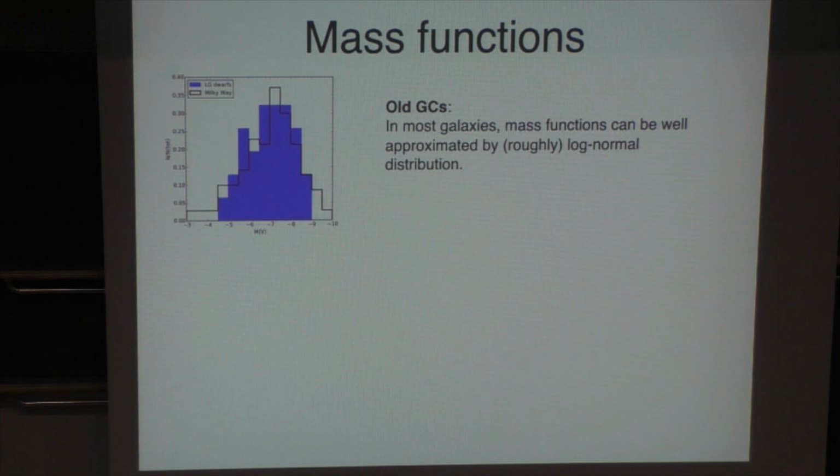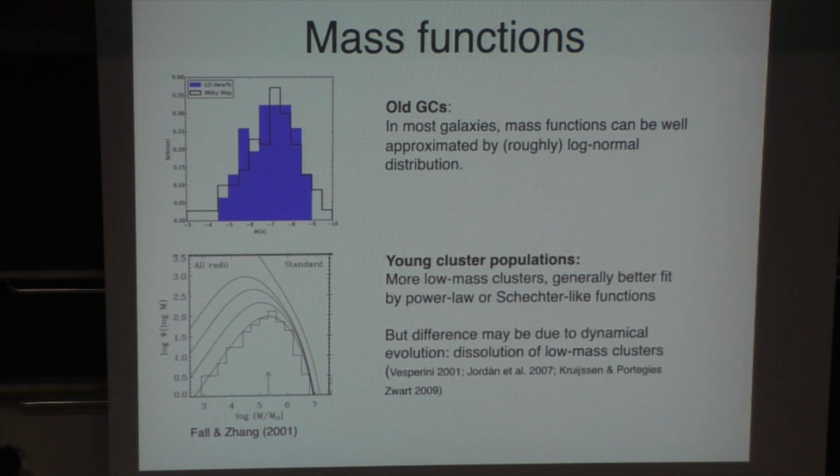One histogram there is the Milky Way, the open one, and the blue one is the histogram for all the globular clusters around dwarf galaxies in the Local Group combined. So they don't look very different. There are some differences from one galaxy to another, in where exactly this peak is and how broad it is. But in the first approximation, it's quite remarkably universal, and different from what we see in the young cluster systems.